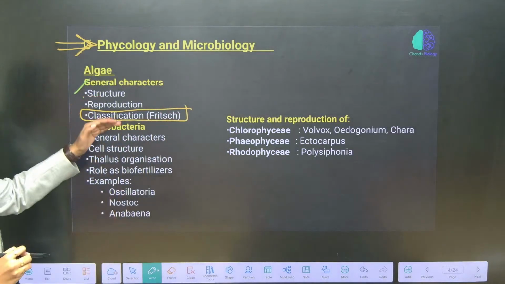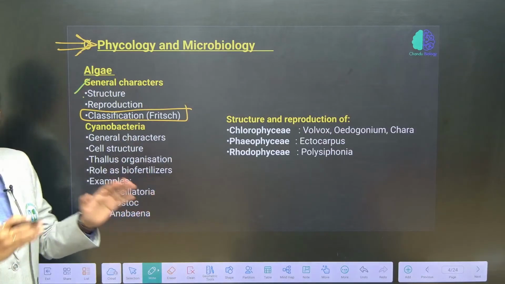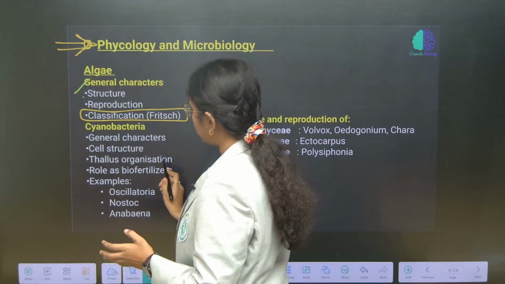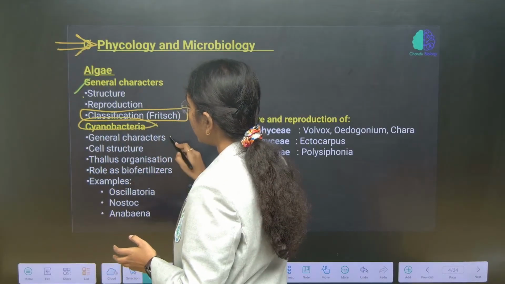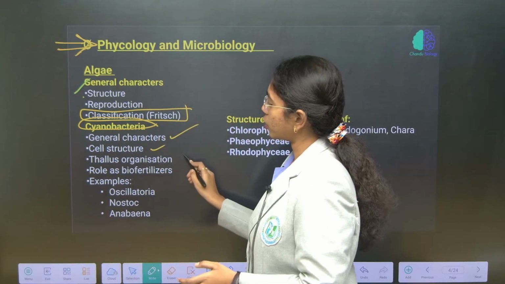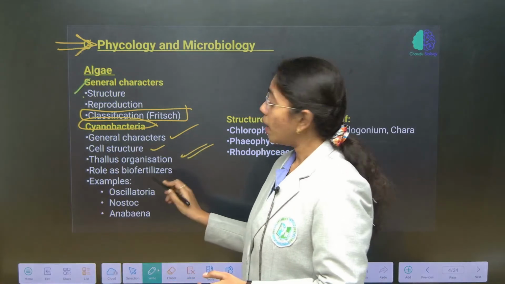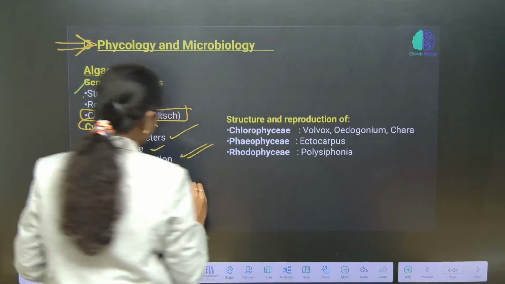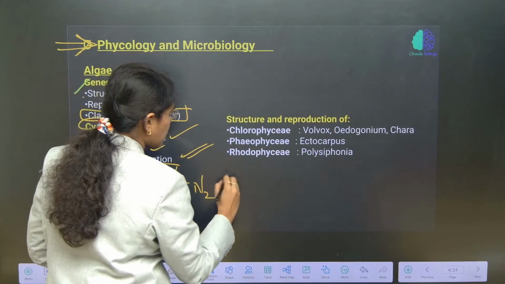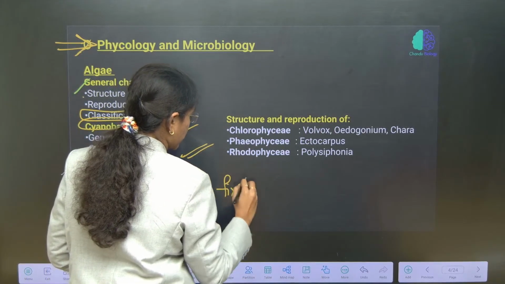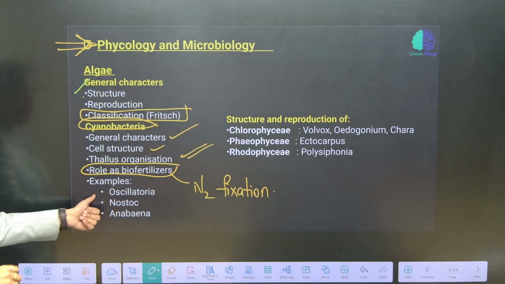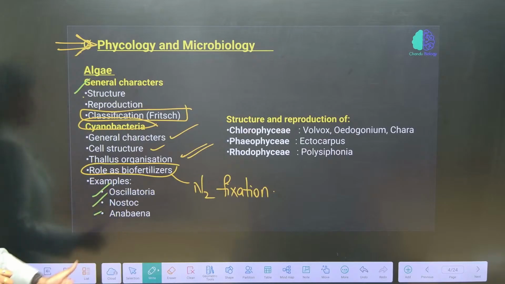Starting with the classification of algae, the primitive algae, Cyanophyceae, where the cyanobacteria are included, its general characteristics, cell structure, thallus organization. The main role of cyanobacteria is what? Nitrogen fixation, right? So, it acts as the best biofertilizer. Fine, right? And these are the examples: Oscillatoria, Nostoc and Anabaena.